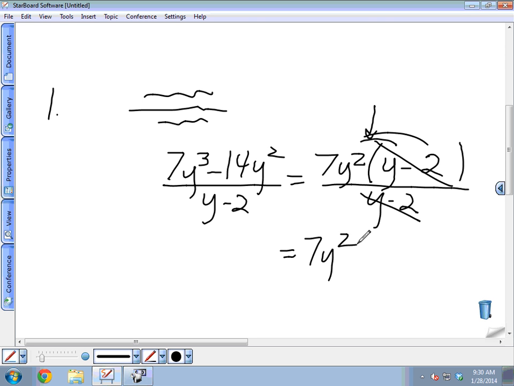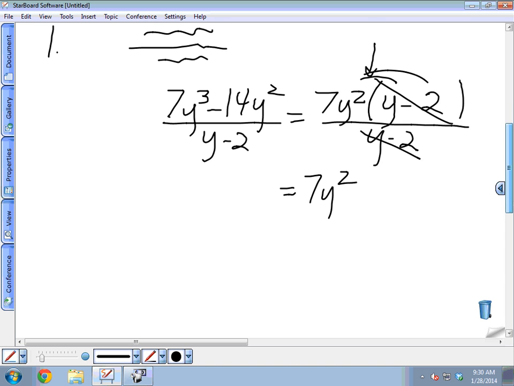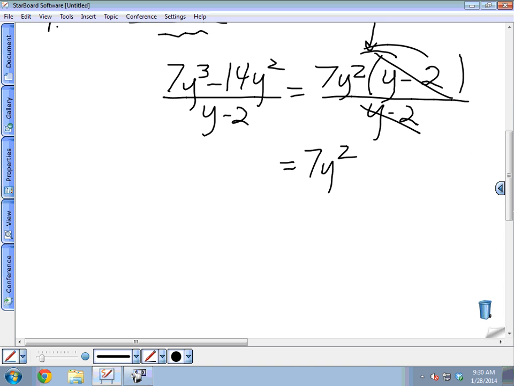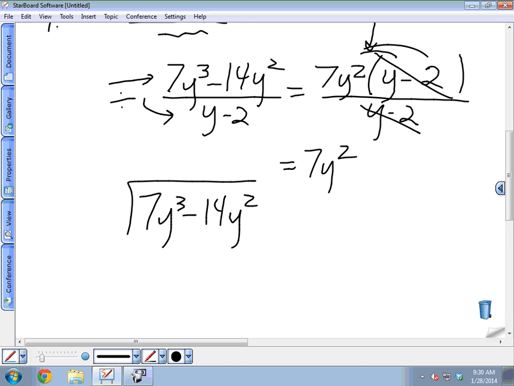You could do that little dividing thing too. Yes, you could. You could also do this. I understand what you're saying, Weston. What you could have done is you could have said, this numerator is being divided by this denominator, right? So you could have done this with long division. That wasn't really the way you were supposed to do it, but that's all right. 14y squared divided by y minus 2, right?